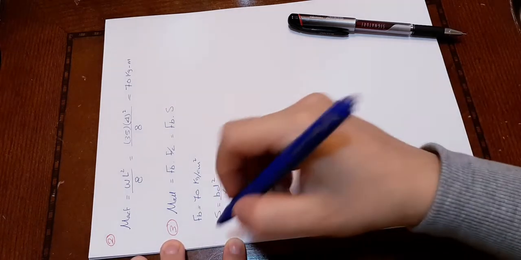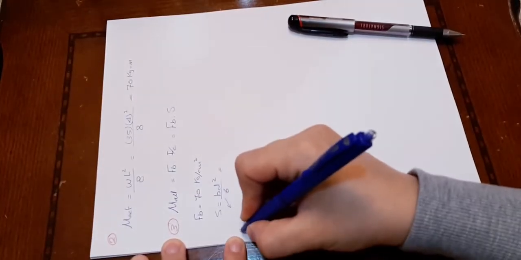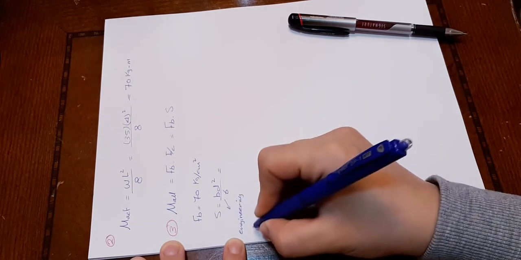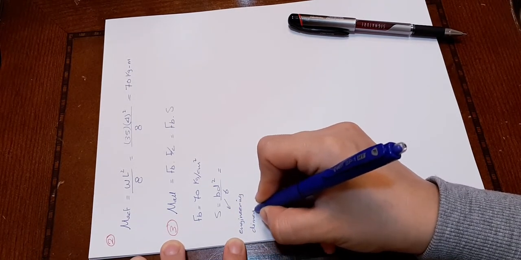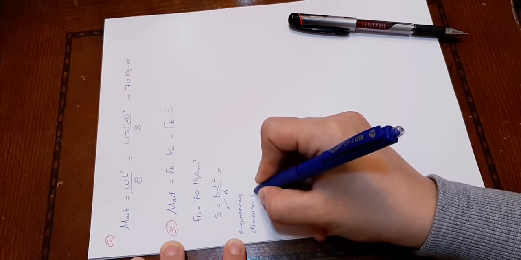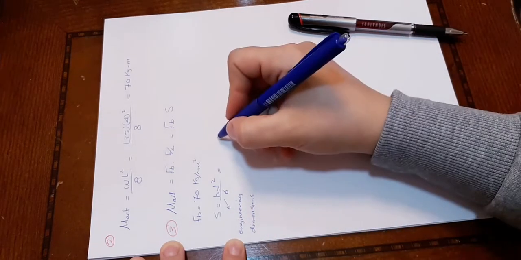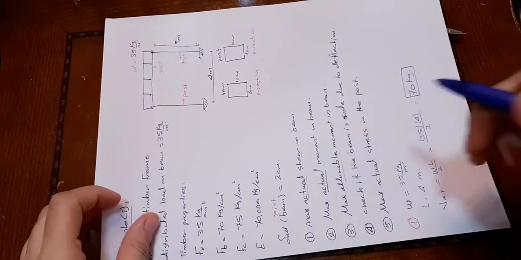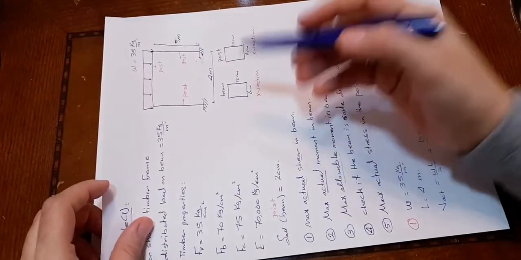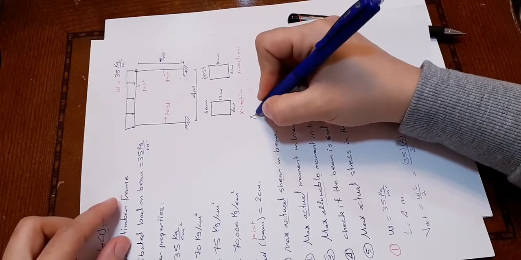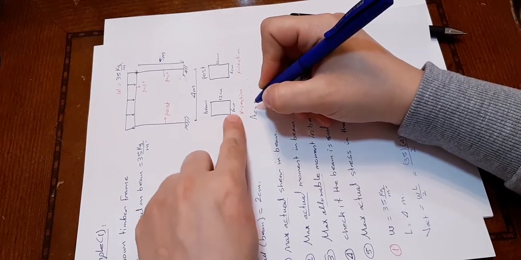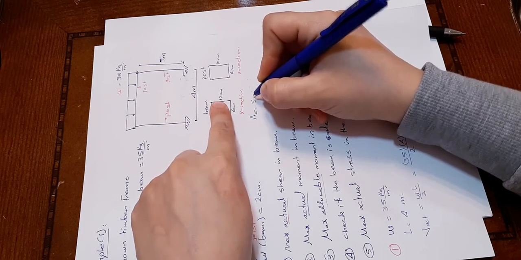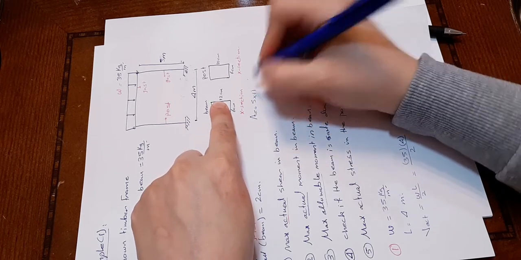Let me remind you again, do not forget that we use engineering dimensions for all calculations. Back to the beam, this is the cross section of the beam. What are the engineering dimensions? 6 minus 1 equals 5, 12 minus 1 equals 11.